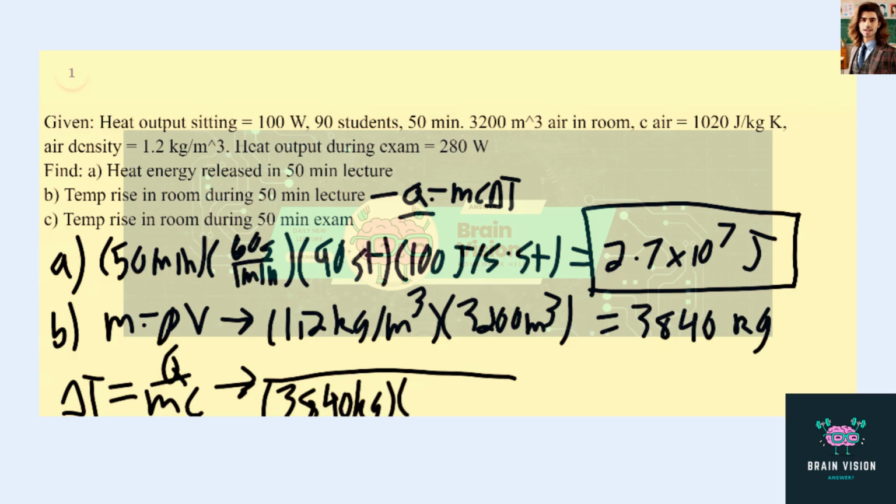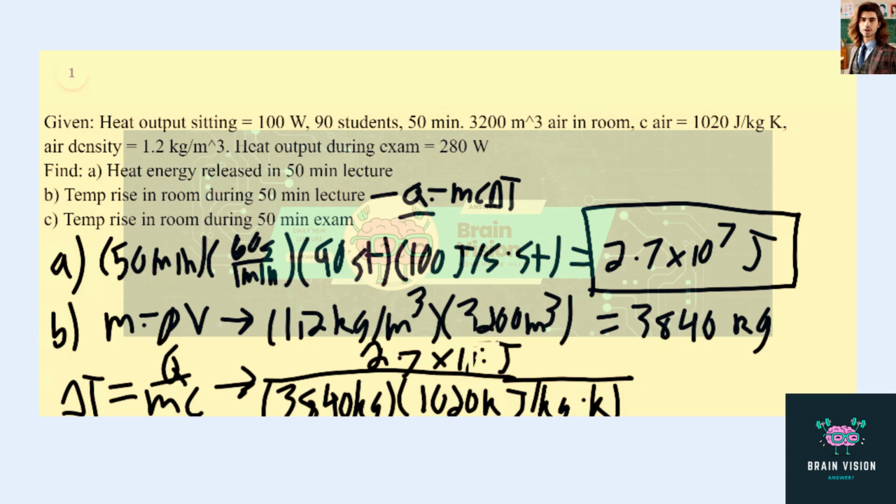C for air we're given in the problem, 1,020 joules per kilogram times K. And then Q, 2.7 times 10 to the 7th joules. And that gives us a temperature rise delta T of 6.89 degrees Celsius. So that's our answer for part B.